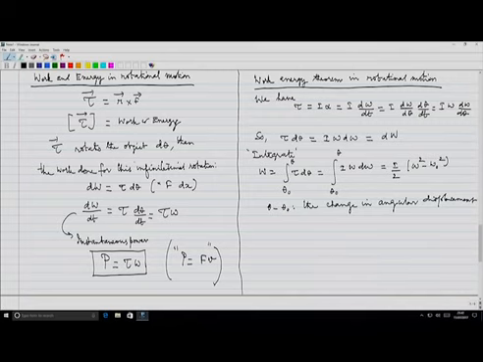When the particle is at theta, the angular velocity is omega. Therefore, the corresponding change in angular speed is given by omega minus omega naught.